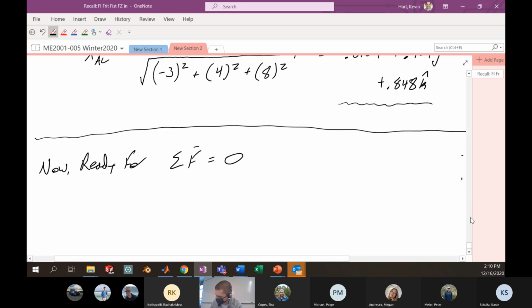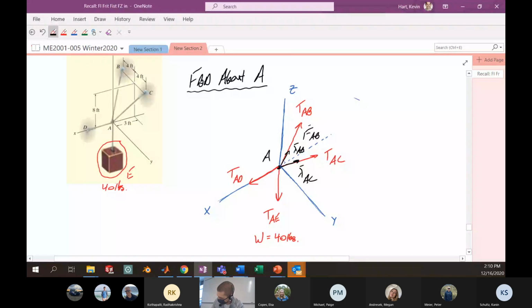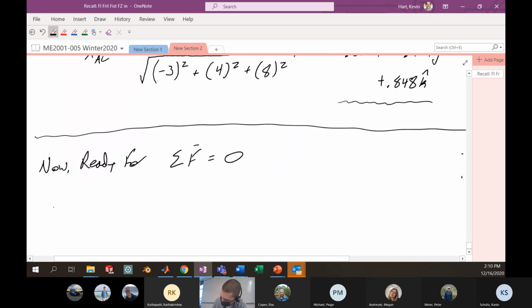So if we wanted to just sum all these forces equal to 0 directly, we would do something like the force of AD, the force of AE, AC, and AB, all together. So something like force AB plus force AC plus force AD plus force AE. All of these together have to equal 0 for my equilibrium to hold. It's a general idea.